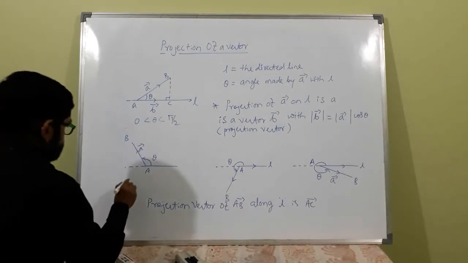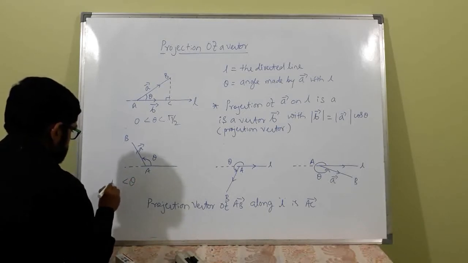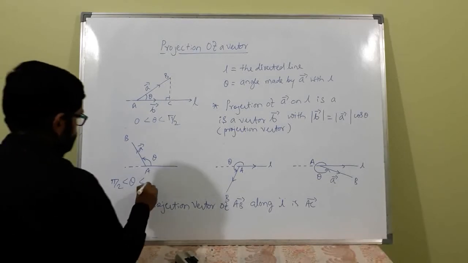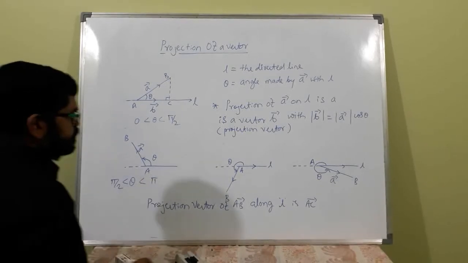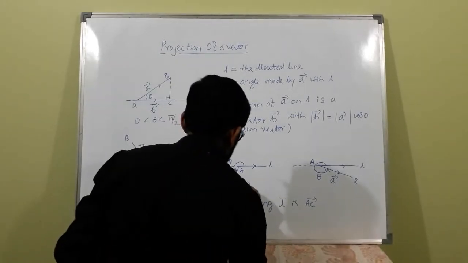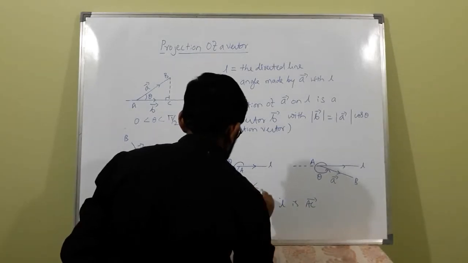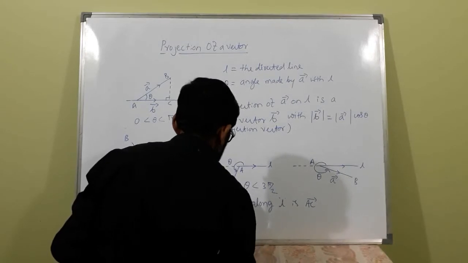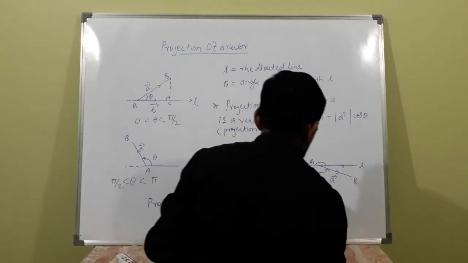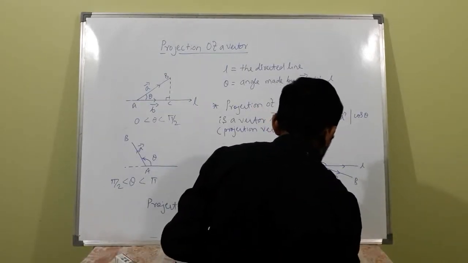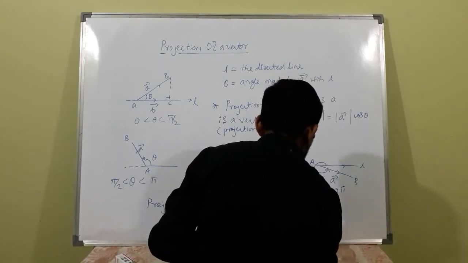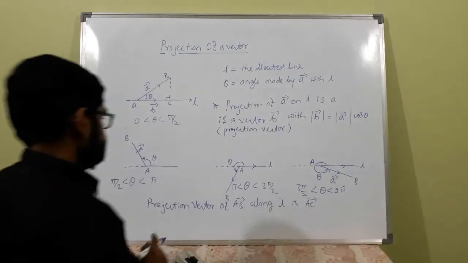Here theta is in the second quadrant, that is pi by 2 to pi. Here theta lies between pi and 3 pi by 2, and here theta lies between 3 pi by 2 and 2 pi.